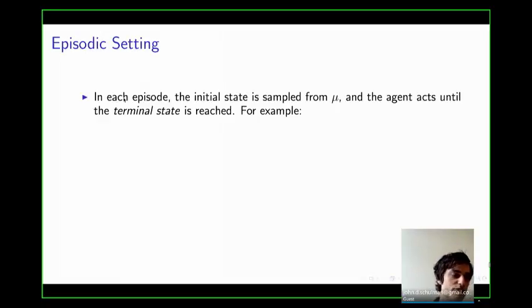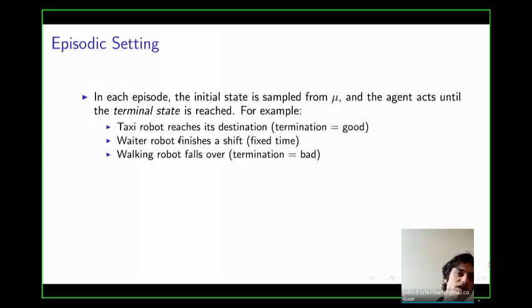Just to give a few examples of what an episode might look like, let's say you have a taxi robot and the episode ends when it reaches its destination. So then termination is good and we want the episode to terminate as fast as possible. You might also have a situation where the episode has a fixed length and you just try to accumulate as much reward as possible during that fixed amount of time.